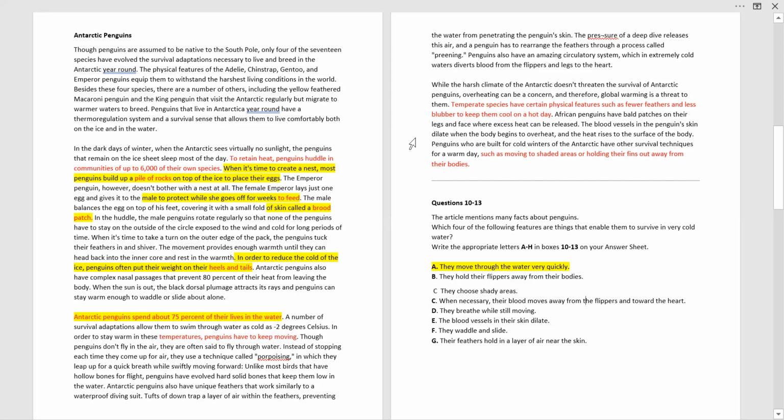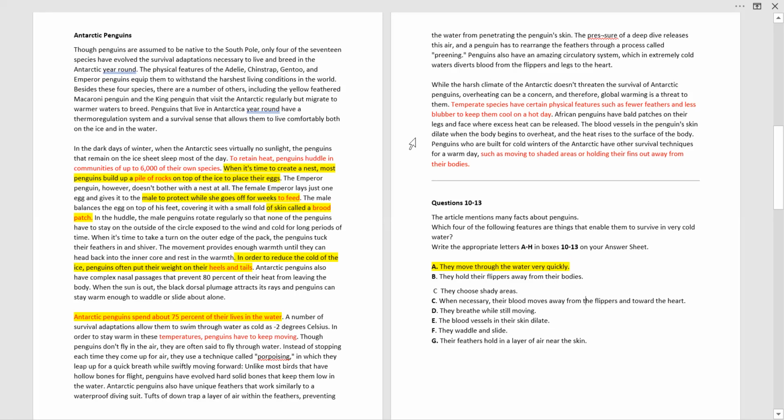So, according to that, the next right answer among these features, they are mentioning how they survive in very cold weather. It is the last option as well: their feathers hold in a layer of air near the skin. And option E, where they say the blood vessels in their skin dilate, and they hold their flippers away from their bodies. So that one option is E here, which stands true, right?